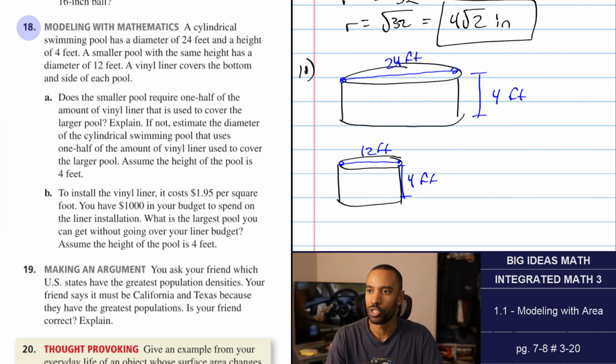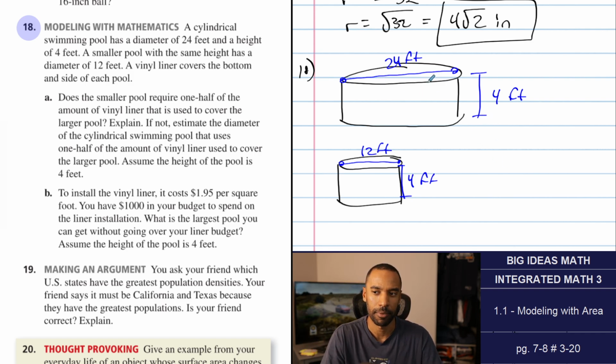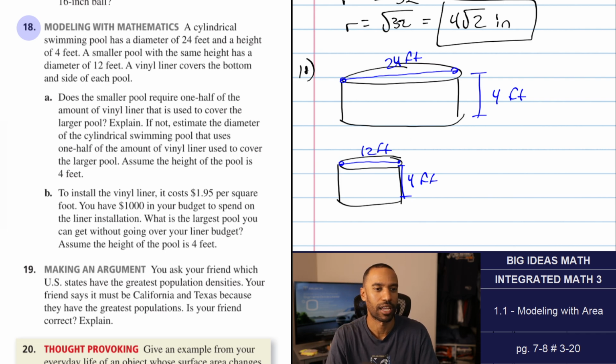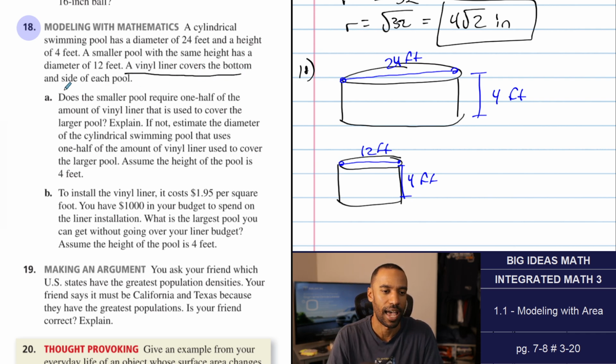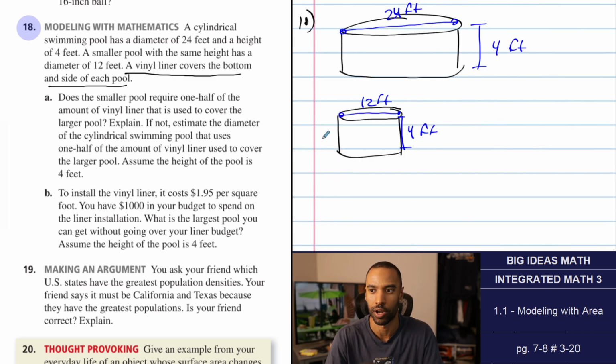So this one's interesting as far as if we just talked surface area only, I'd say the answer is no. Or no, excuse me, I'd say the answer is yes, because only diameter is being halved, not the height. Actually, I don't know if that's true. Actually, that wouldn't be true. But the top is uncovered. They said the vinyl liner covers the bottom and side. Top is uncovered. So when it comes to surface area, I need to compute this.